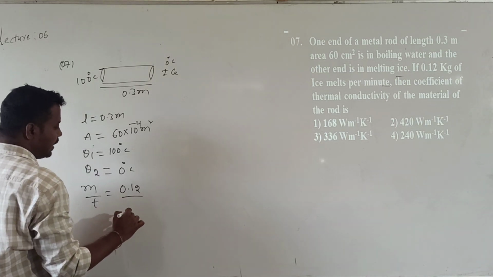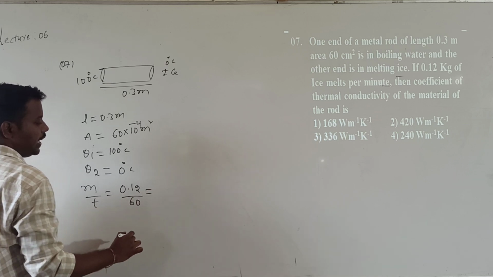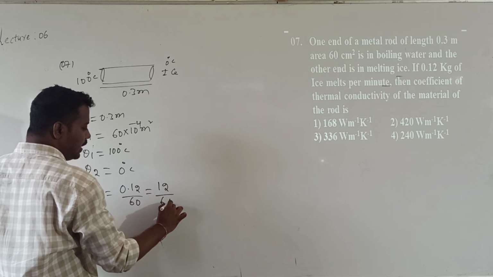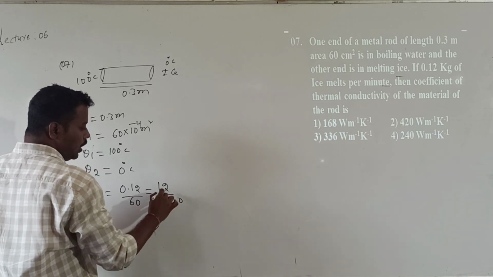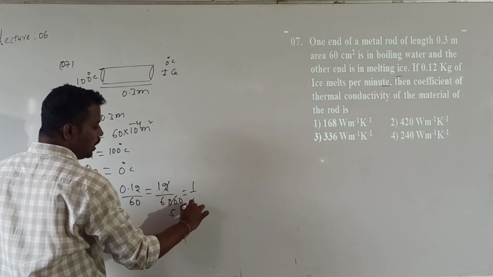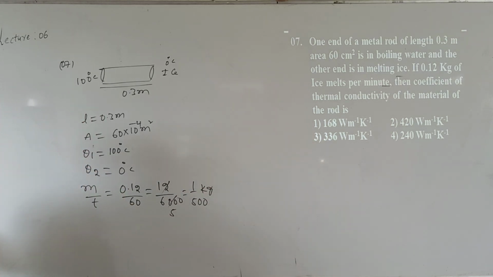The time is given in minutes. Can I write it in seconds? 0.12 divided by 60. So what can I write? Which is 12 divided by 6000. 12 ones are 12, 12 fives are 60. So what do I get? 1 by 500 kg. This is the mass of the ice which is melted per second.